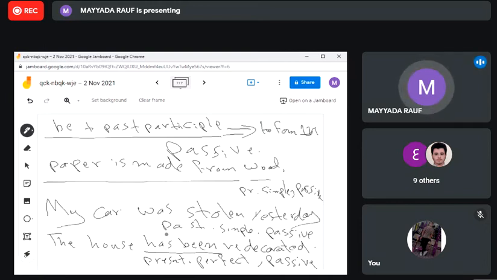So the active of these sentences, for example, this sentence, okay, I can say he redecorates my house.